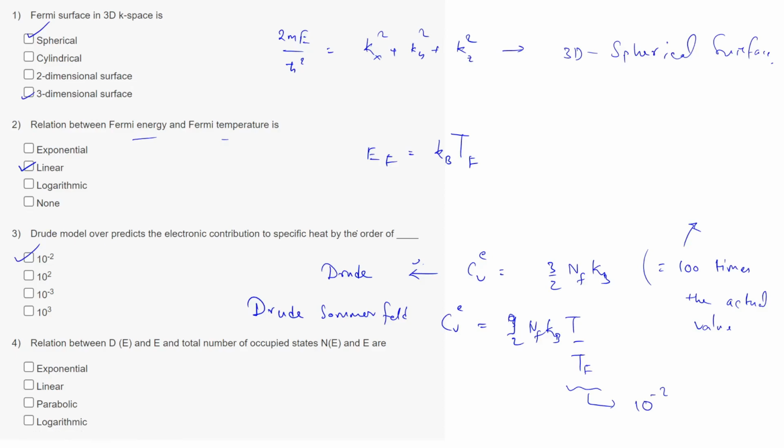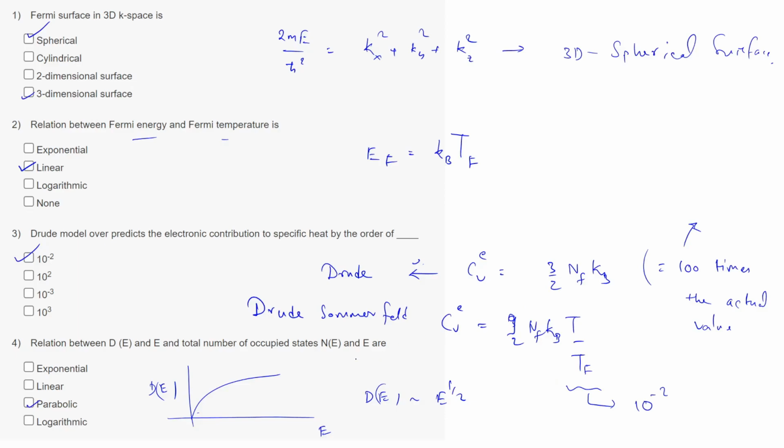The relation between DE and E. So what was the relation between DE and E? The DE is this and E is this, and the relation between them is this. Okay, so DE goes as E to the power 1 by 2. And this is kind of a parabola if you look here, so that is why it is parabolic.